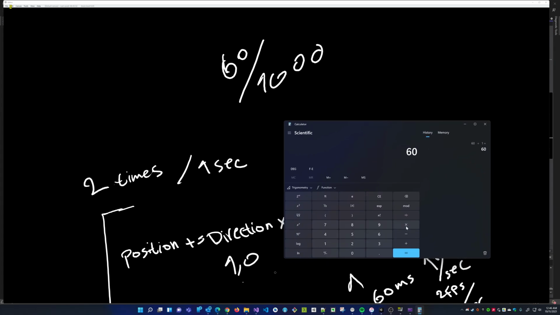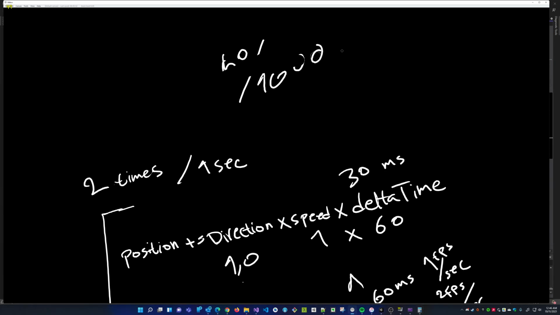If I do 60 divided by 1,000, now I'm getting... am I doing the math wrong? Yeah, I'm an idiot. I flipped them. Sorry, ignore me. Sometimes I do that. That's fine. So 1,000 divided by 60.